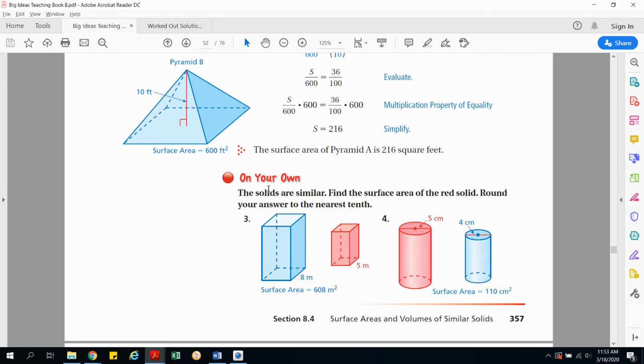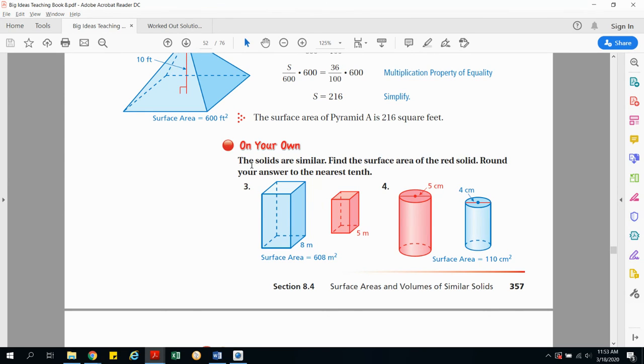So let's take a look at this example here, 3. The solids are similar. Find the surface area of the red solid. Round your answer to the nearest tenth. So again, if I'm trying to find the surface area of the red, when I write my ratio, I want to start by writing S, which is the unknown surface area, in the numerator.